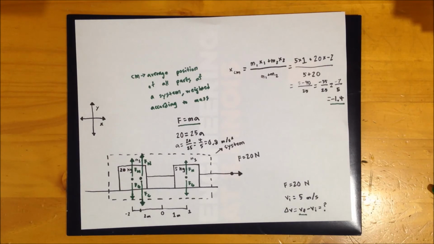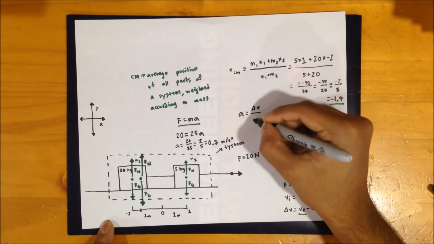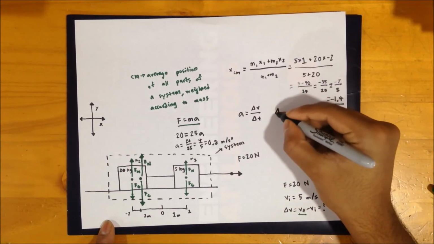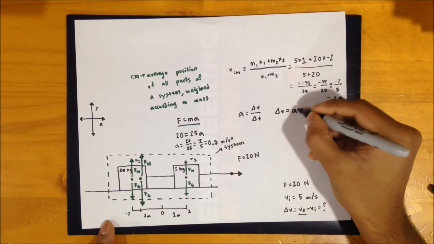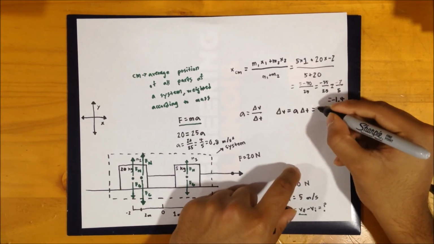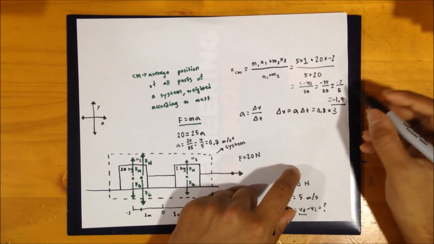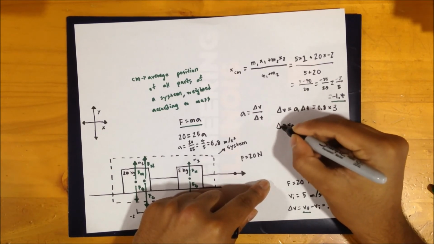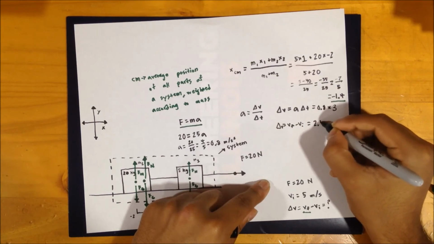Acceleration is equal to change in velocity over change in time, delta v over delta t. So delta v is equal to acceleration times delta t, which is 0.8 times 3, as the force was acting on the system for 3 seconds. So delta v, which is velocity final minus velocity initial, is equal to 2.4.